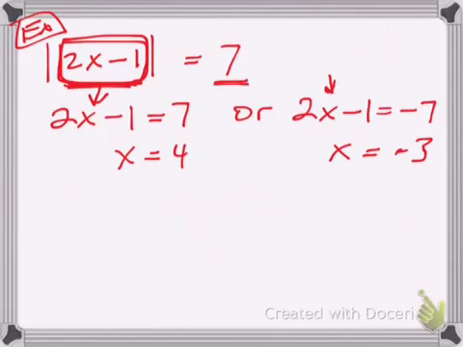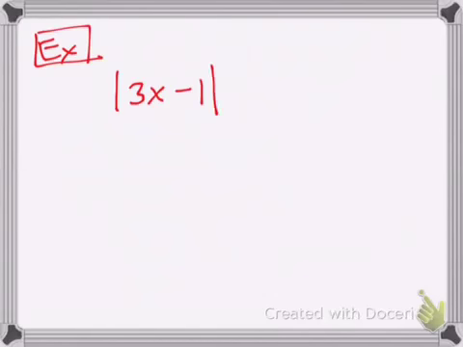All right? Now, the moral of the story here, or the rule of thumb that we have to play by, is that you cannot split these absolute value equations until the absolute value part is by itself. So we might have something like this. Absolute value of 3x minus 1 plus 2 equals 6.